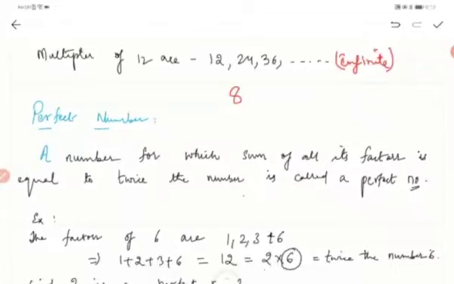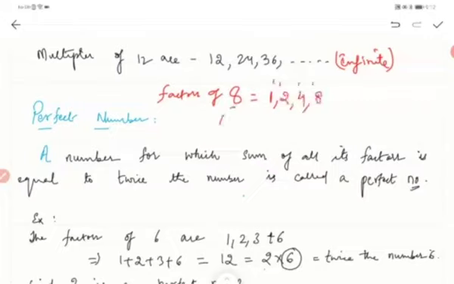So what are the factors of 8? I'll take factors of 8. Okay, so 1 will be the factor, then 8 in 2 table it is there, in 3 table you don't have 8, you have 4 table, in 5 you don't have, 6 you don't have, 7 you don't have, you have 8, isn't it? So these 4 are the factors of 8.